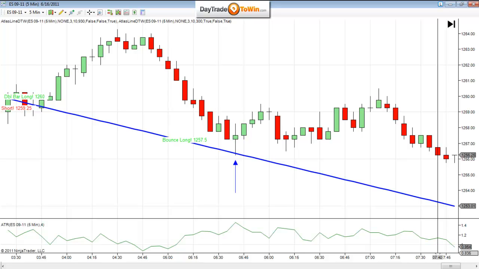So it is telling me that it bounced off and closed higher than it opened. It's a higher probability that it's going to continue long. That's the reason why that trade is a good trade. On the flip side, if that candle was red, I would not take that. I would skip it, because that does not give me any faith that the market is in fact going to bounce off the Atlas line. Okay?